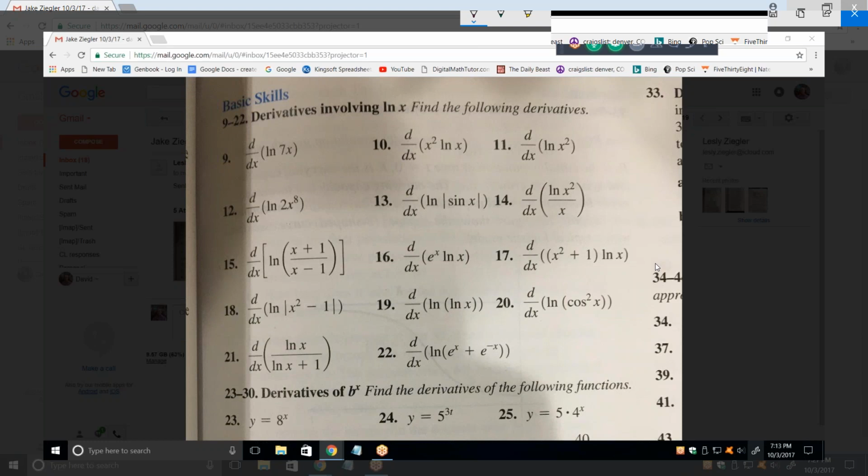In fact, that might at first glance look like you need the product rule, but there's no multiplication taking place there. That's the natural log of the natural log of x, whereas 17 does involve multiplication.